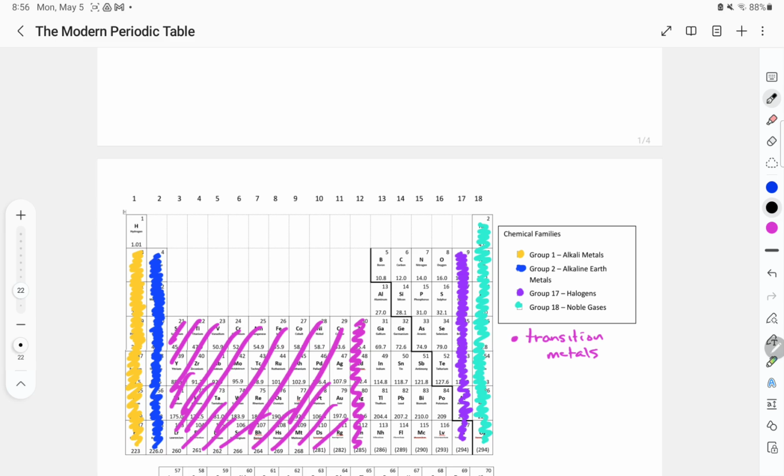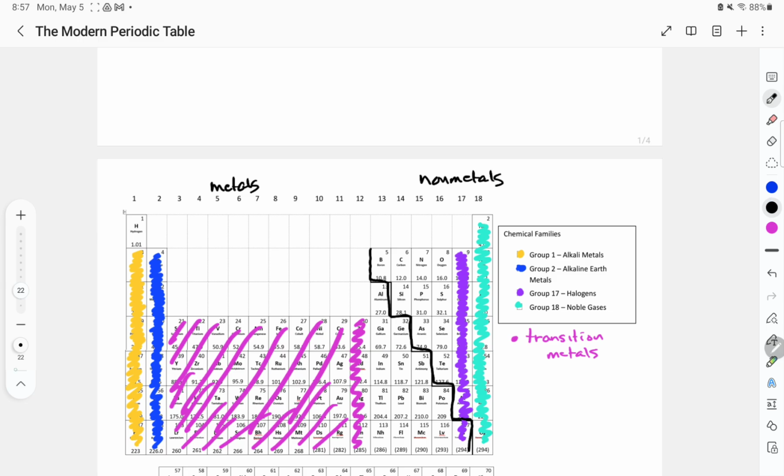Then we can see this bold line in the periodic table. This bold line helps to divide the periodic table into two broad categories: metals to the left of the line, and nonmetals to the right of the line.